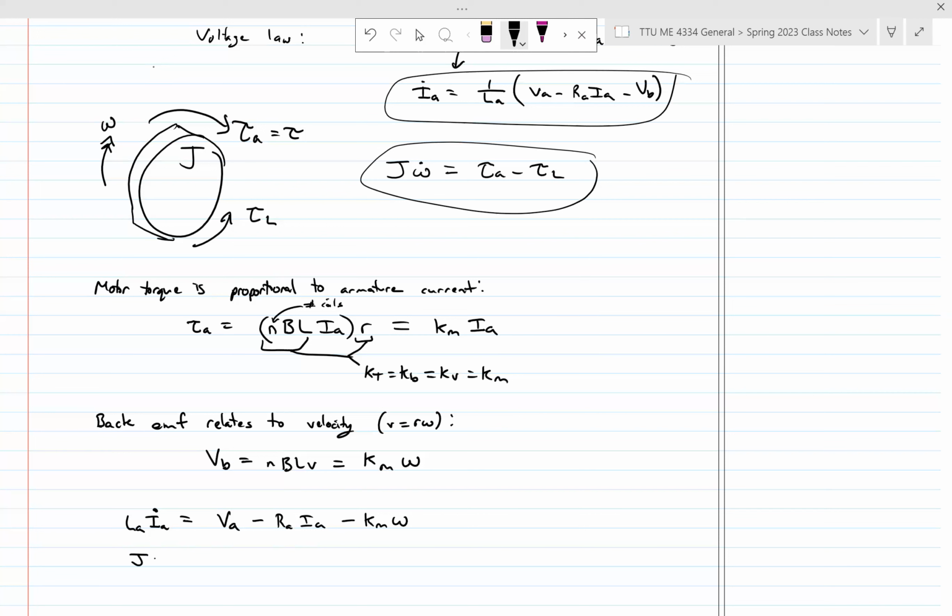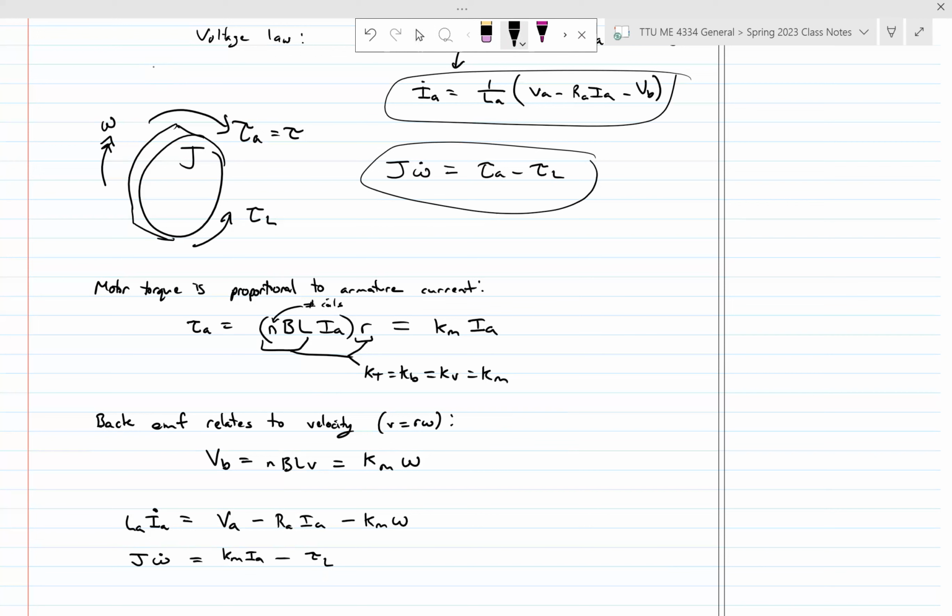Similarly, J omega dot is tau A minus that load torque there, but tau A is Km times the current, right? And now we see a mechanical system that depends on something electrical, right?